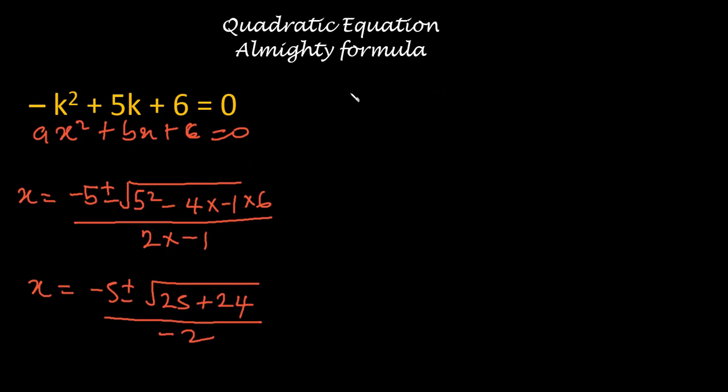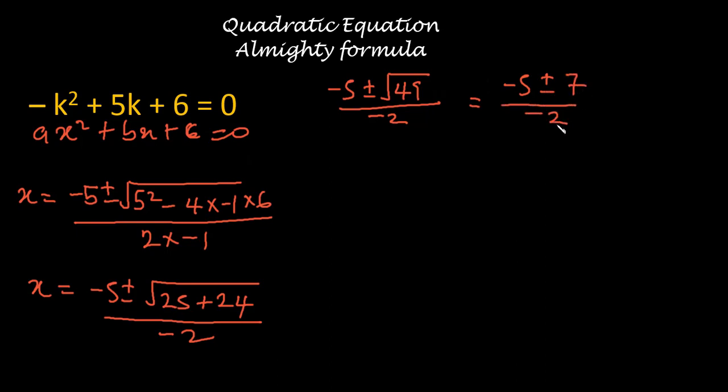We start all over again, and we say x, so this is what? Minus 5 plus or minus square root of what? 49, everything over minus 2. So this is equal to minus 5 plus or minus 7 over minus 2.